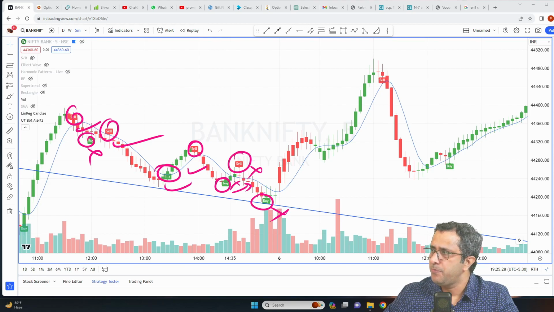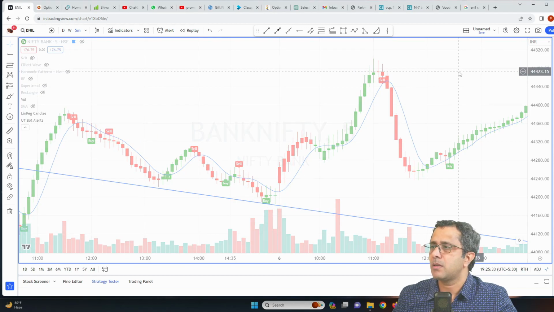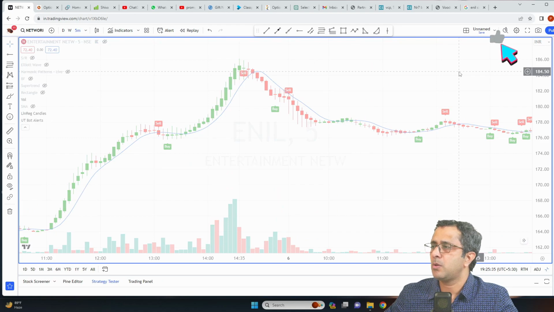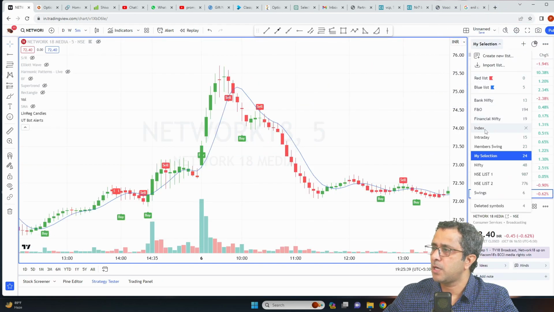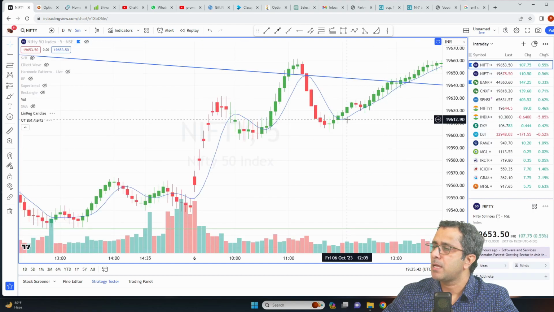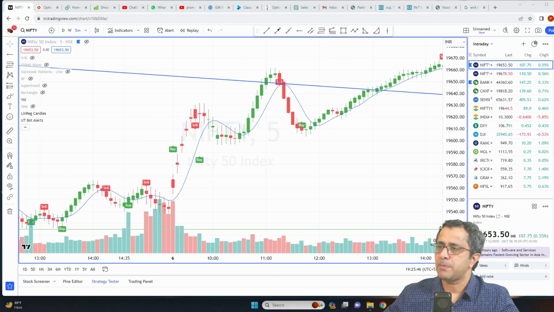Okay, if I show you the Nifty chart also, oh no, not this one, my mistake. If I show you the Nifty chart also, if you see here on the 6th, you see a big gap up.